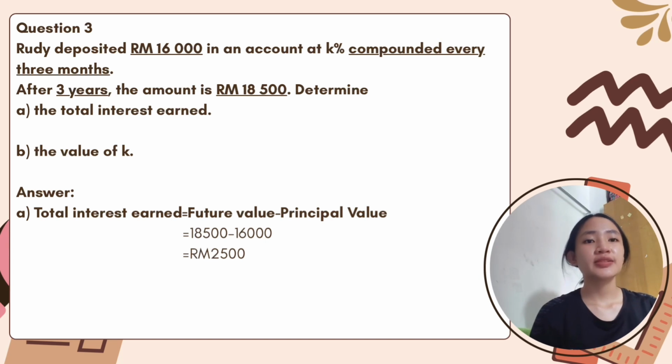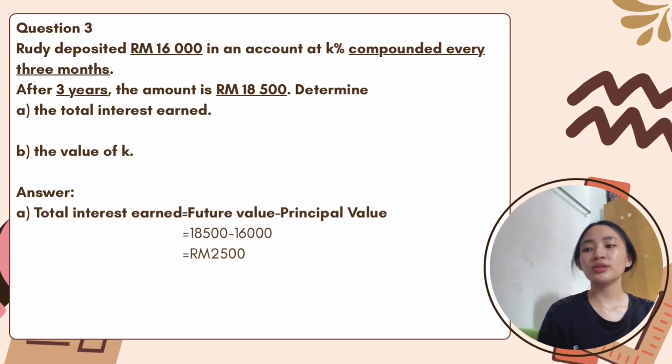So now I will be answering question 3. Rudy deposited RM 16,000 in an account at K% compounded every 3 months. After 3 years, the amount is RM 18,500. For the first calculation, I will determine the total interest earned. I use the formula: total interest earned equals future value minus principal value.